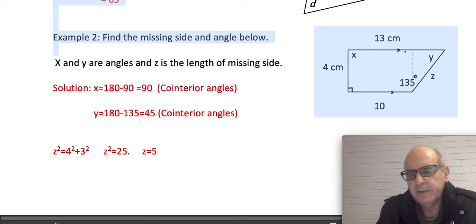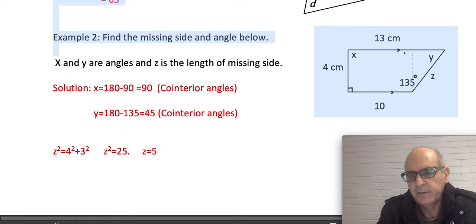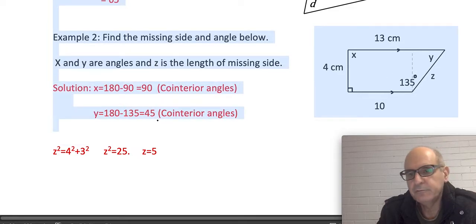The same here, these are parallel, and y and 135 make co-interior angles. And co-interior angles add up to 180. So 180 take away 135 is 45 degrees. So angle y is 45 degrees.